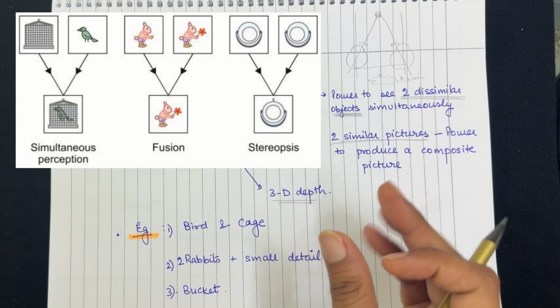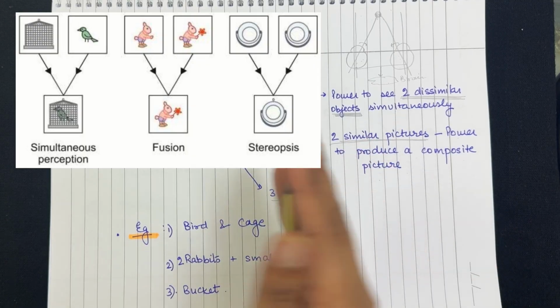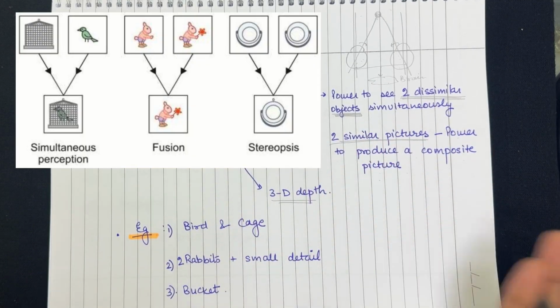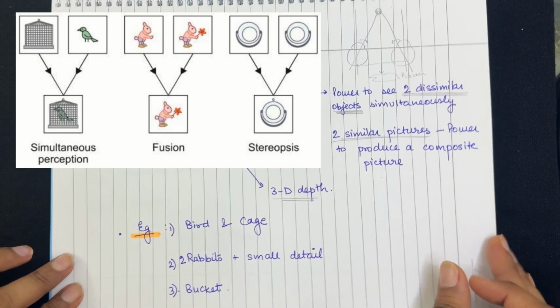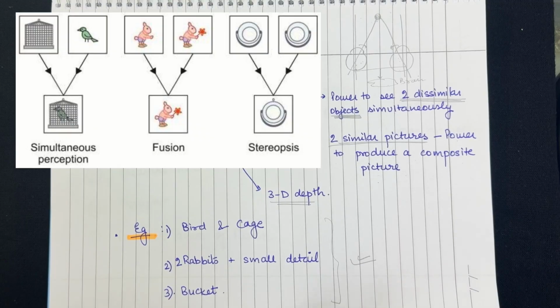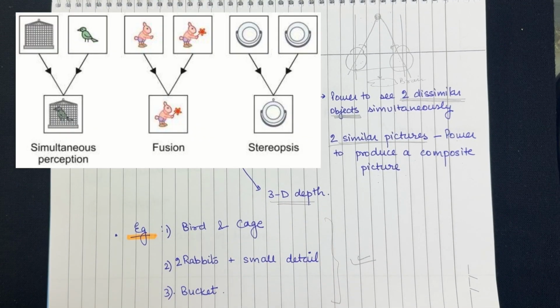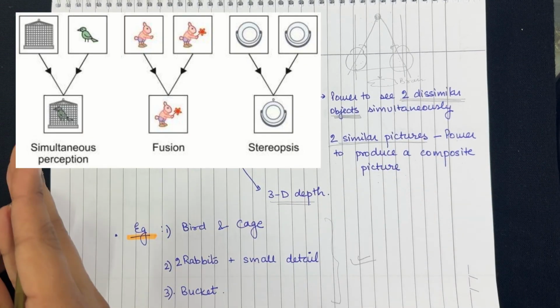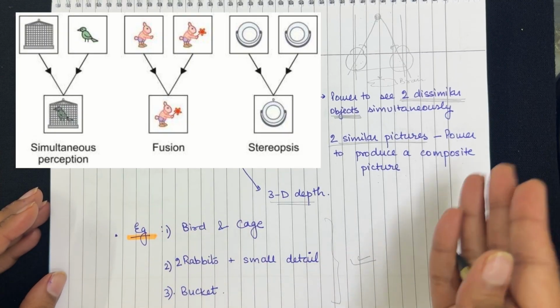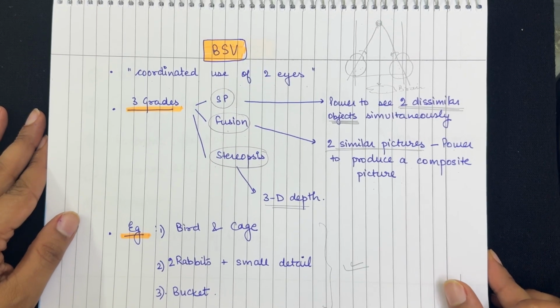In this picture, it is not similar to depth perception, but it is mainly through fusion of signals from disparate retinal elements, which we'll be discussing later. So you should remember these three grades with examples like this. I hope the three grades are clear with these three pictures. You can draw these three pictures in exams for simultaneous perception, fusion, and stereopsis. These three pictures clearly explain binocular single vision.